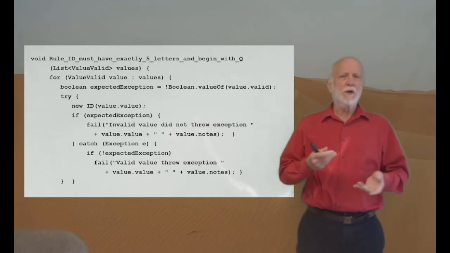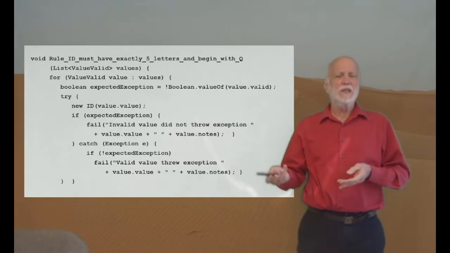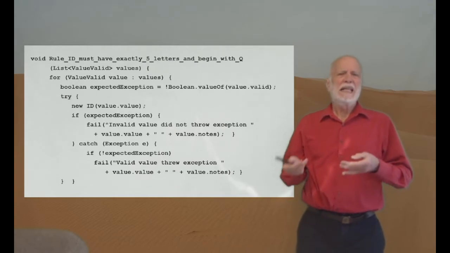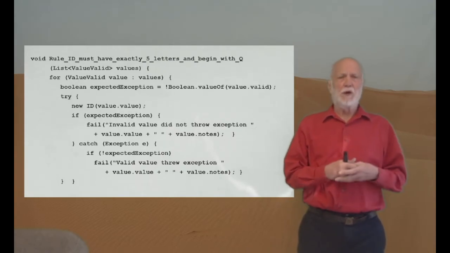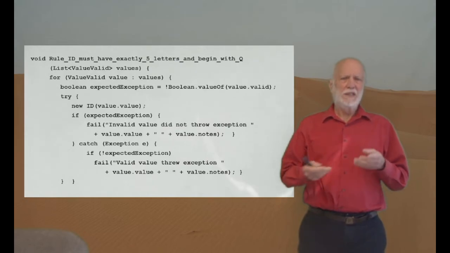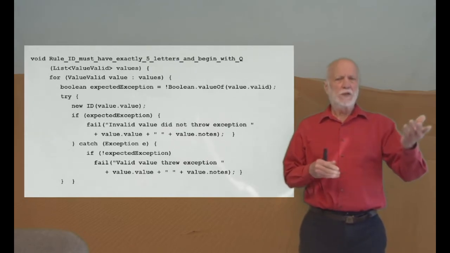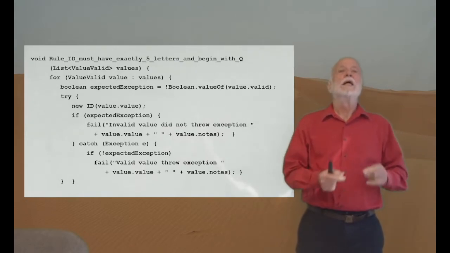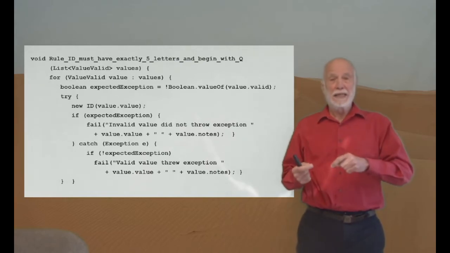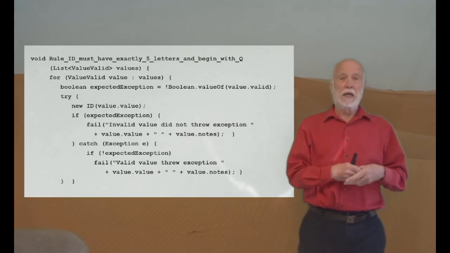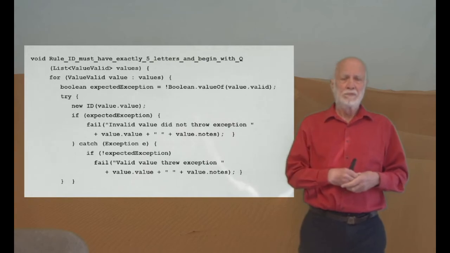And then we need to invert it, because if the value is valid, then an expected exception should be false, and vice versa. So here's our constructor. We've decided that constructors will be passed this string and should throw an exception if it's invalid.